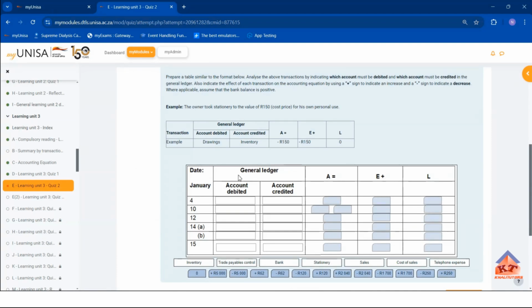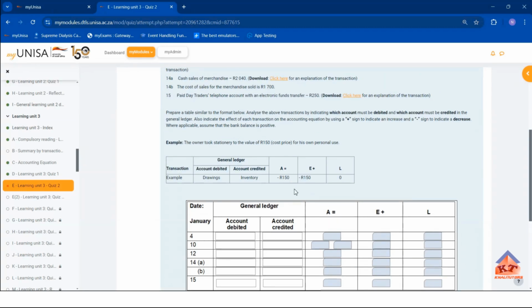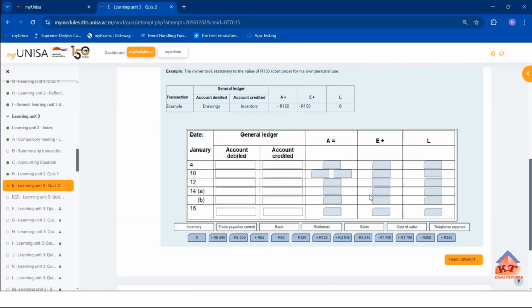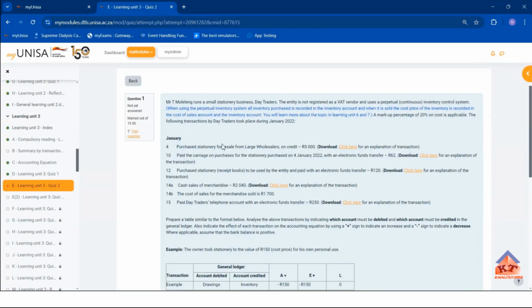Basically, what they want is for you to indicate which account must be debited and which account must be credited, and then state whether an asset, equity, or liability will increase. If it results in a decrease of whatever element here, you will use a negative sign to indicate that. So let us read the questions.